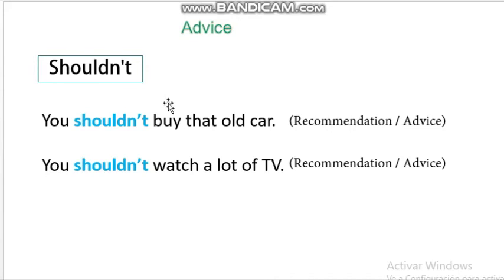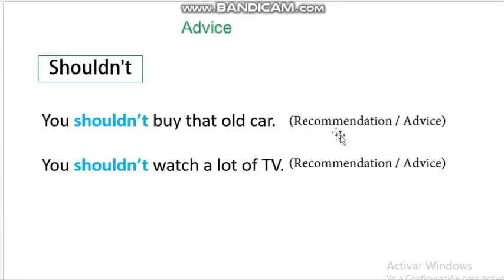Shouldn't just puts the sentence in the negative form. So you are not recommending something, not advising something, or it's not a good idea. "You shouldn't buy that old car."